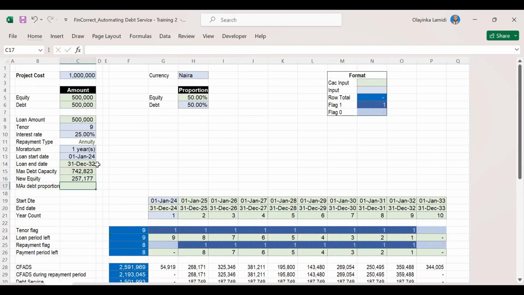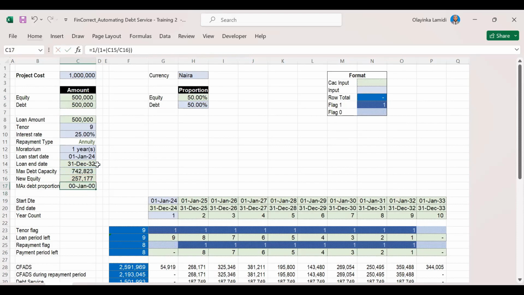So once you do that, next thing is we want to determine the maximum debt proportion. So how do we do that? I'm going to be using this formula by saying 1 divided by debt to equity ratio. This is the debt divided by the equity ratio. However, before doing that, I want to add +1 to this 1. So it will be 1 plus debt to equity ratio, and punch enter.